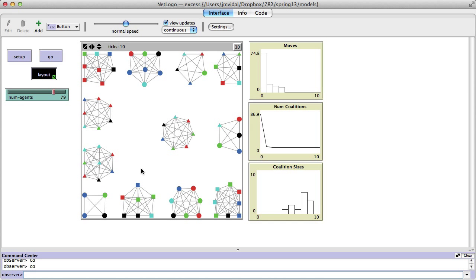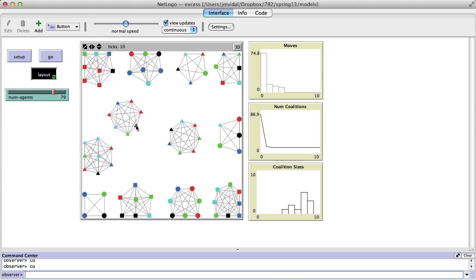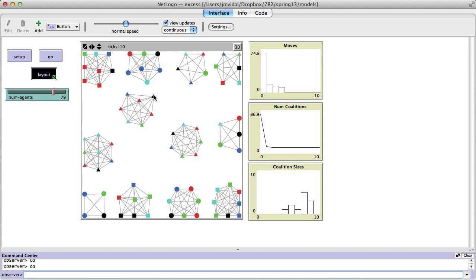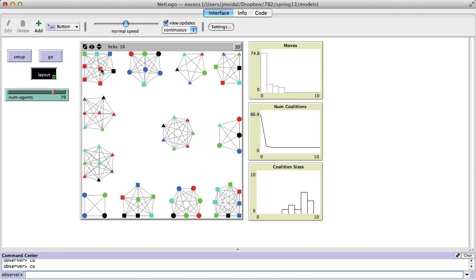That's not true for any one agent, but it could be true for pairs of agents, or triples, or sets of 4 or 5 or 6 or whatever. We're not saying that. If you could say that, then we could say this is a solution that's in the core, but we haven't checked that. And hopefully you can see that would be really hard to check, computationally speaking. It would take a very long time with 79 agents.